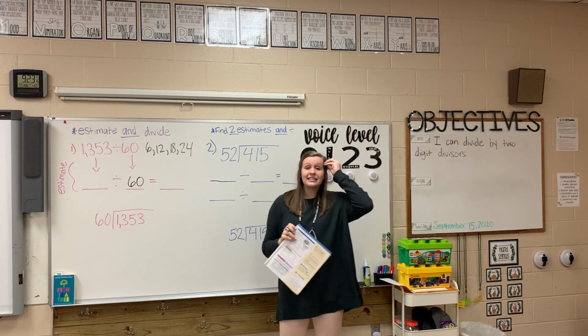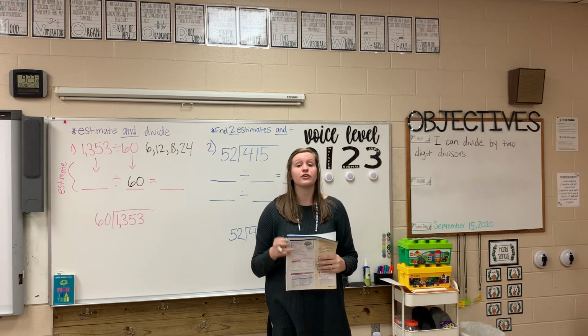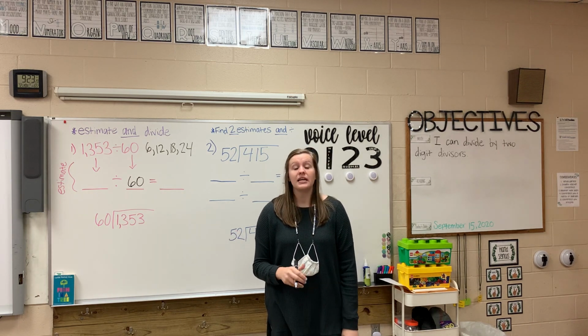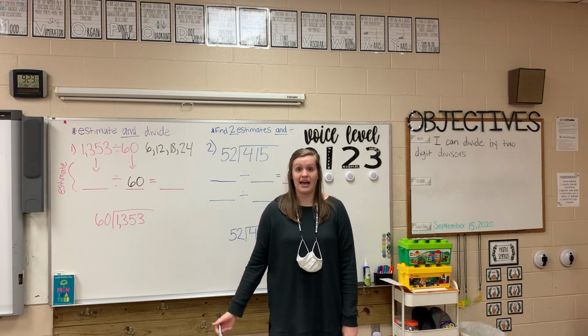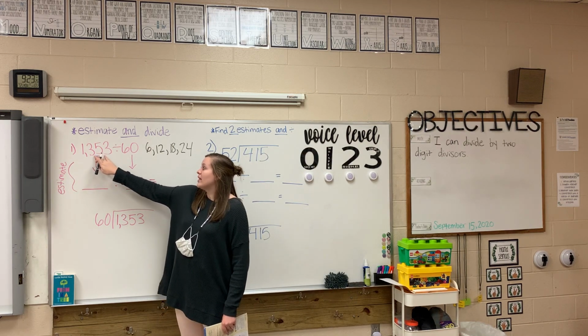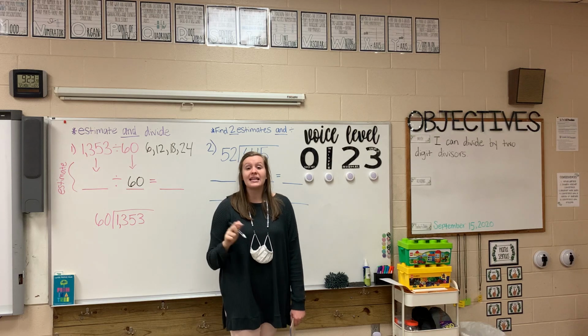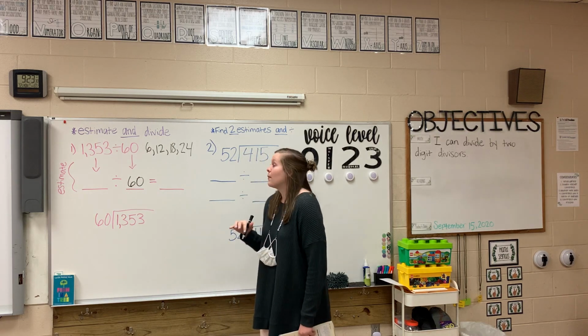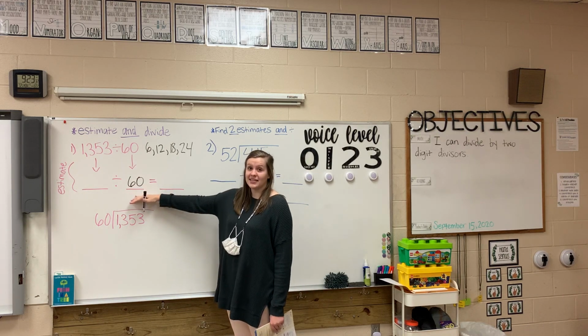Now, in order to estimate, you round your dividend and divisor to something that's easy for you to divide. Since we already have 60, we want to round 1,353 to something that's going to help us easily divide by 60.